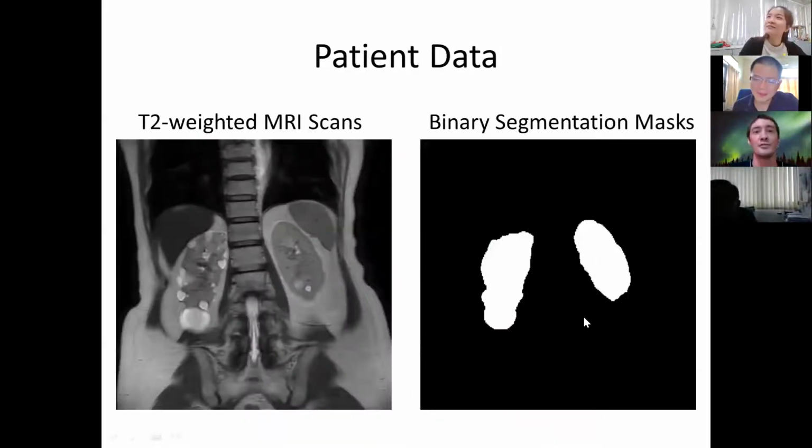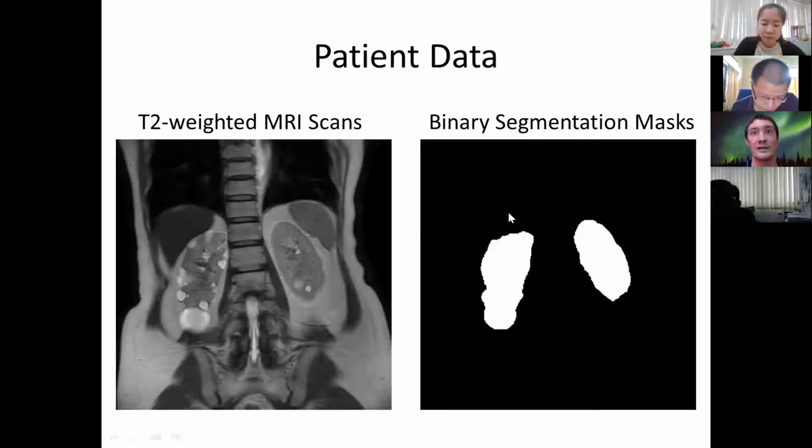So to start the project, we're using the 3D fully convolutional network. It's supervised learning in machine learning speak, and we have to have a label, or in this case, we can call it a mask.